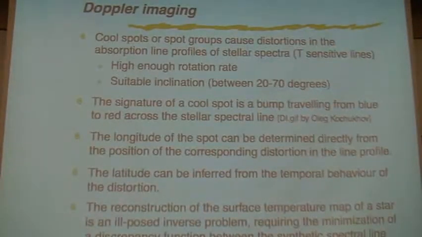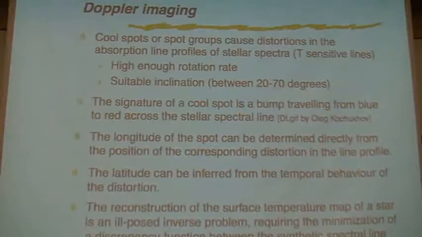And then you can, in principle, determine the longitude and the latitude of the spot from these changes in the spectral line, and the temporal behavior of the distortion. And of course, this is an inversion problem, which is not uniquely defined.